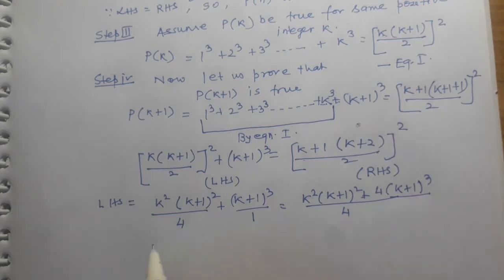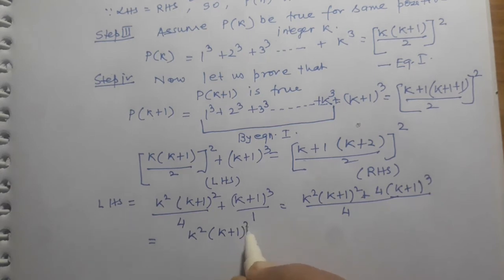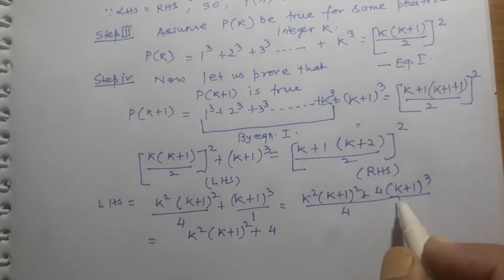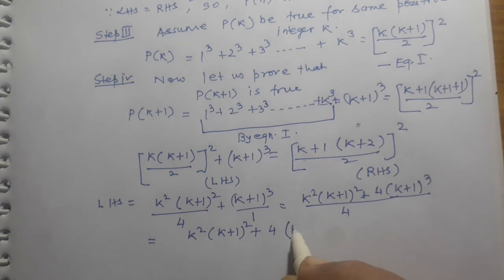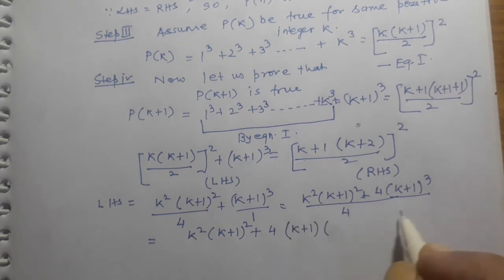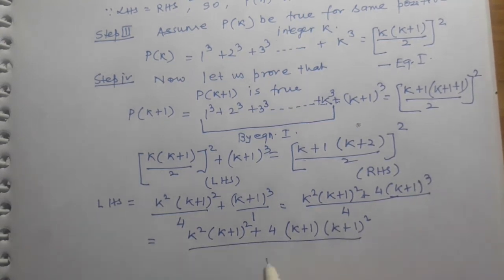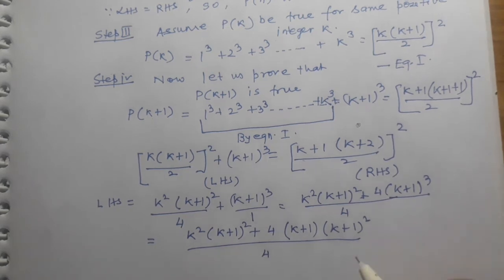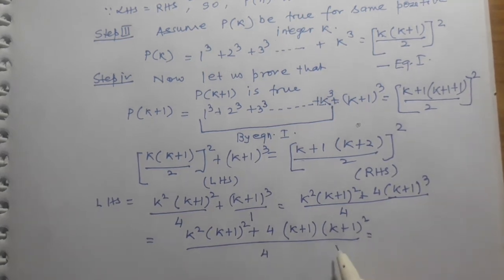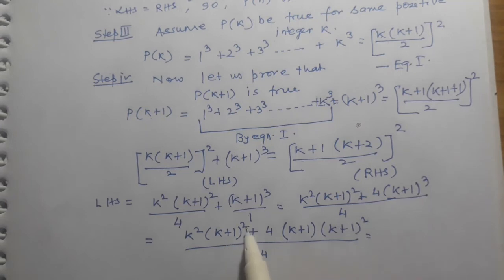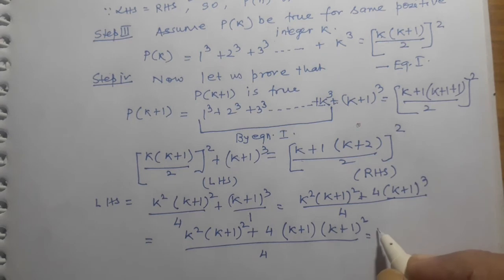Now we find that k square into k plus 1 square plus 4 into k plus 1 cube, all by 4. This we can write as k plus 1 into k plus 1 square. We can see that k plus 1 whole square is common in both the terms. So we shall take common k plus 1 whole square.